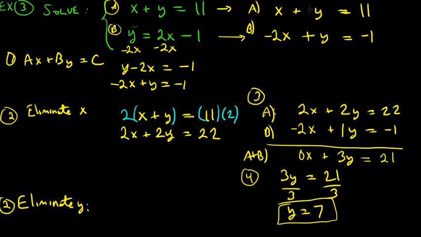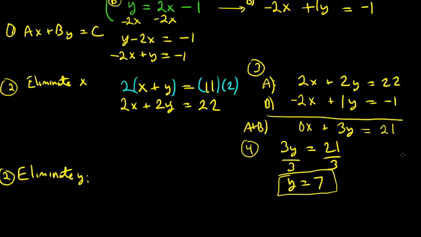They're both 1s in the original system here. So if we add them, however, we don't eliminate the y. We get 1y plus 1y is 2y. We want to get 0y, so we need to simply change the sign. We need to make this a negative instead of a positive. And the way to do that is to multiply both sides by negative 1.